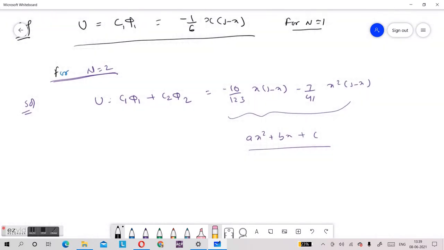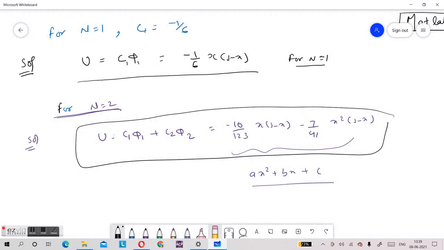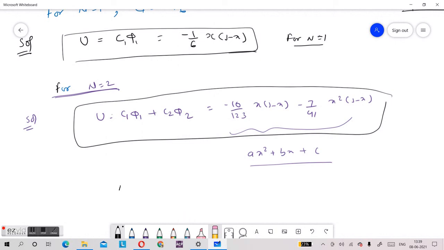Okay, so when you check, for n equals 2 the accuracy will be higher as compared to n equals 1 if we compare with the exact solution.